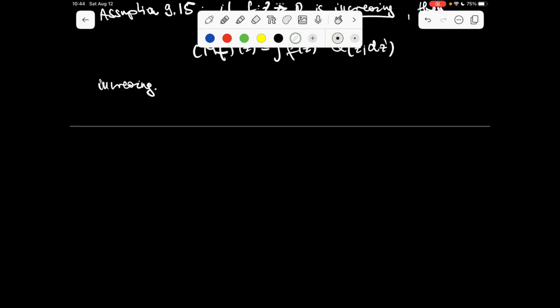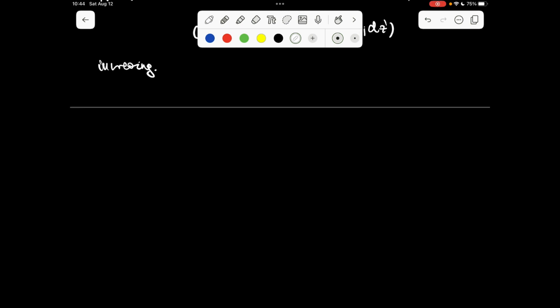As I have just mentioned that policy function g is still increasing in x, we want to know something about the monotonicity of the policy function with respect to z. At this point, we need to use the monotonicity of Q, which is ensured by assumption 9.15. So let's have this relation. We have two shock variables, and let's use the concavity of u prime, I mean the marginal utility function.